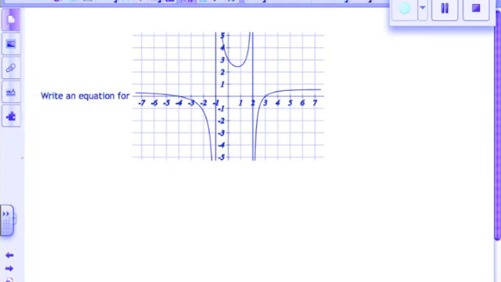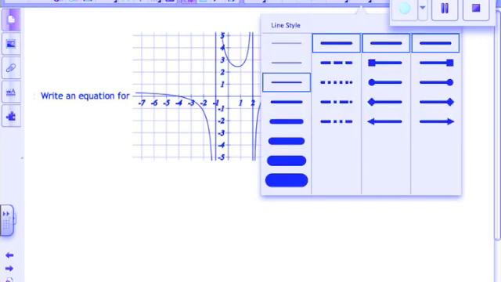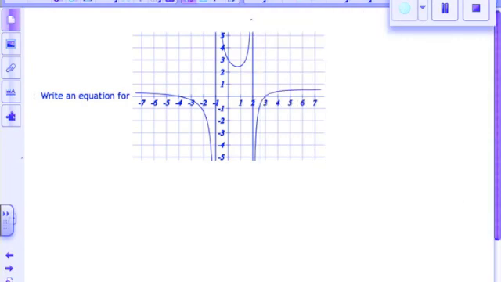Okay, so here's an equation. One thing I want to note is that, and I was too lazy to change this, these vertical asymptotes aren't really part of the graph. They should be dotted. As I'm approaching this asymptote from the left, that's headed to negative infinity.